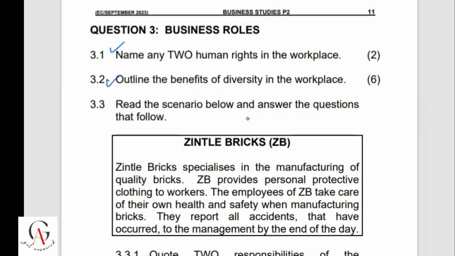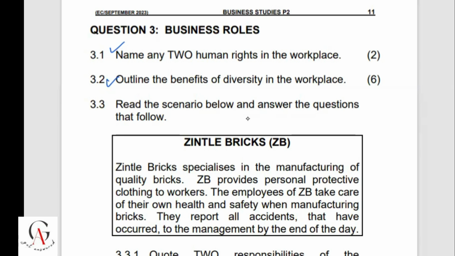As well as employees from different backgrounds can bring different perspectives to the business. Also, being respectful of our differences or demonstrating diversity makes good business sense or improves profitability. So diverse businesses ensure that their policies or practices empower every employee to perform at his or her full potential.